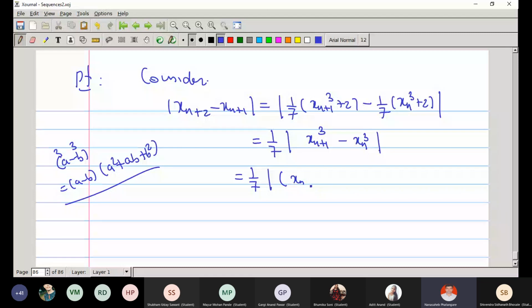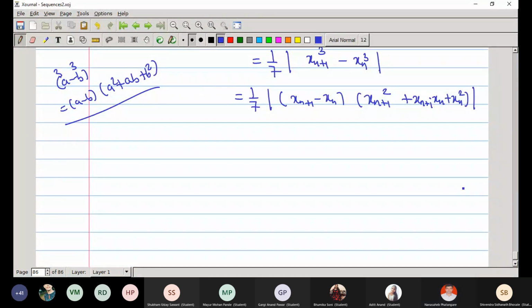So I am using the expansion of a cube minus b cube. So this is 1 by 7 into the absolute value of xn plus 1 minus xn, into the absolute value of (xn plus 1 square plus xn plus 1 into xn plus xn square).